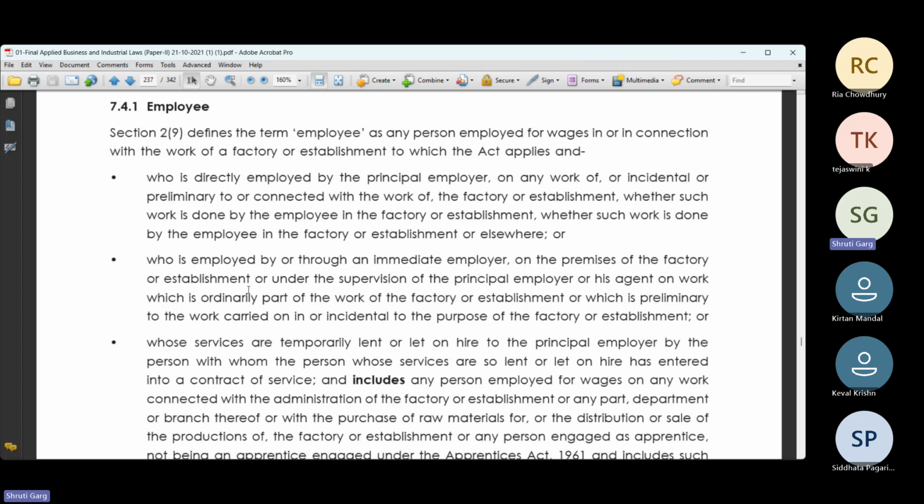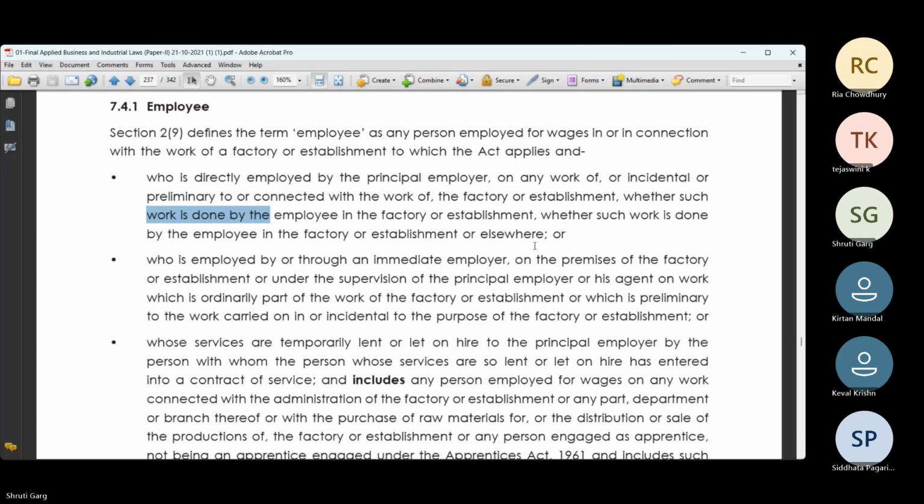Means an employee who is doing work for wages in the factory or establishment to which the act applies, and who is directly employed by the principal employer for doing any work incidental or preliminary to or connected with the work of the factory or establishment, whether such work is done by the employee in the factory or establishment or elsewhere.